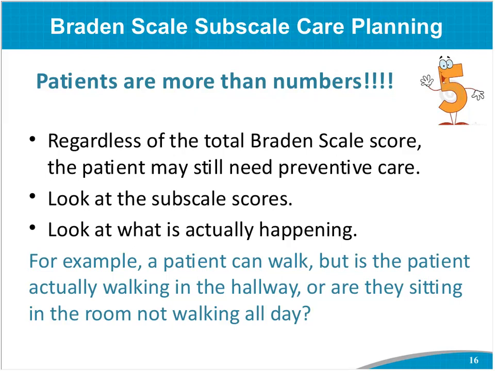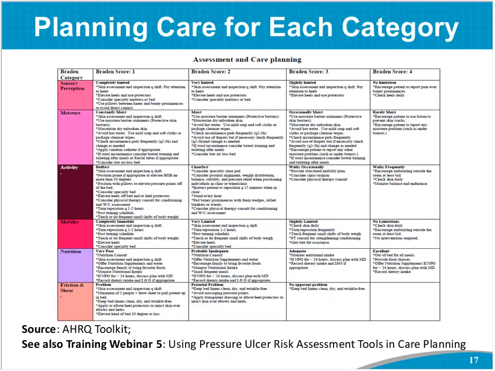So on paper it looks great. I mean, they can walk. But the reality is that the patient is not walking. They're just sitting all day in the room. So really, you need to target activity for that particular patient in terms of what's going on with them.